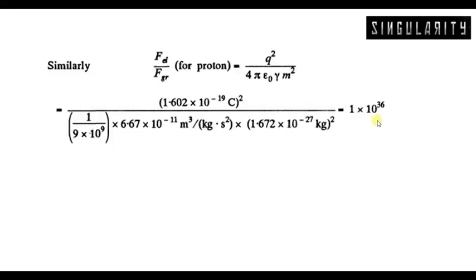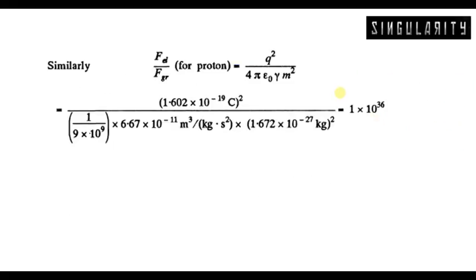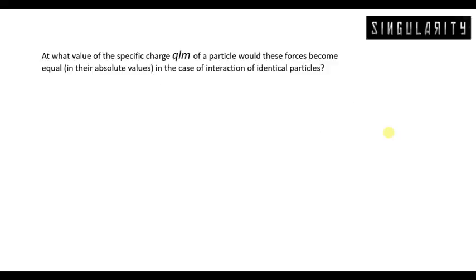So it's less than our previous result, but it's still huge. And why is it less? If you see this formula, this ratio is inversely proportional to mass. If mass increases, this ratio decreases. So that's what happened.